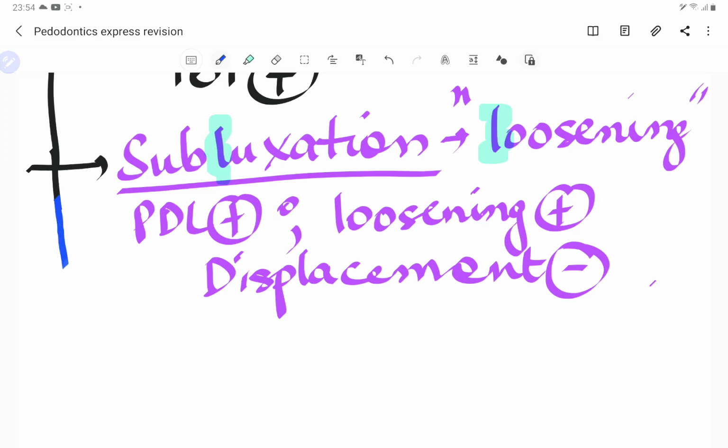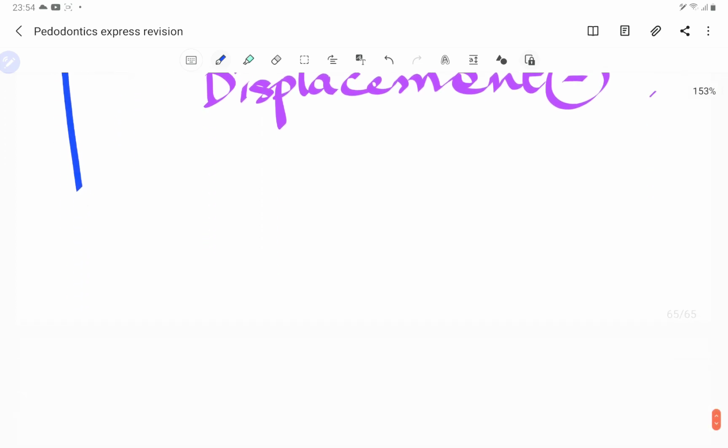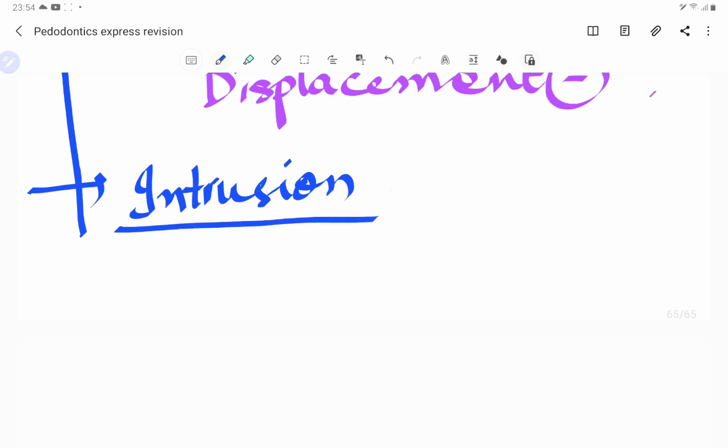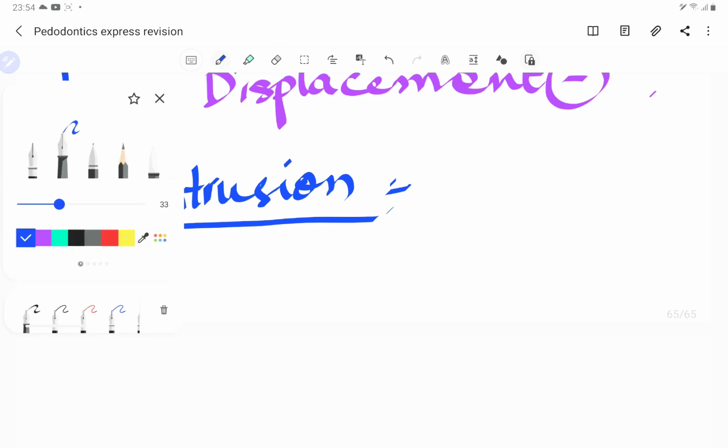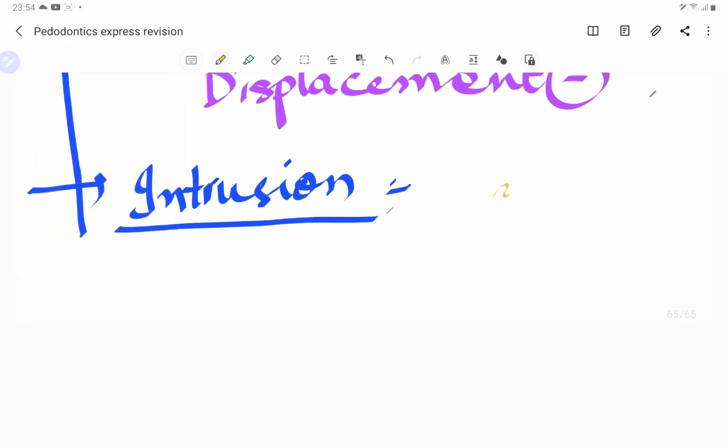The next one here is the luxation injuries, guys. In the luxation, starting with the first one is intrusion. Intrusion is when the tooth is displaced into the socket. So let's take a different color so that we understand the bone, right? Say suppose this is the socket.